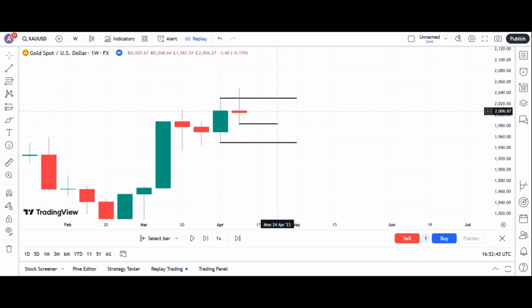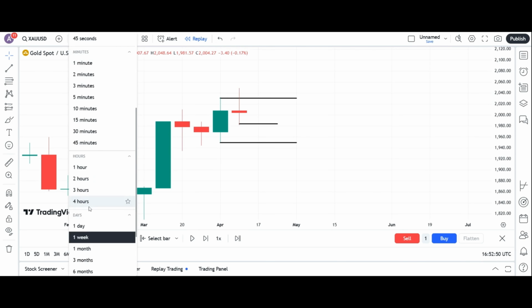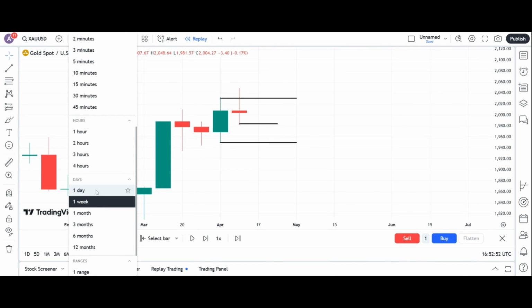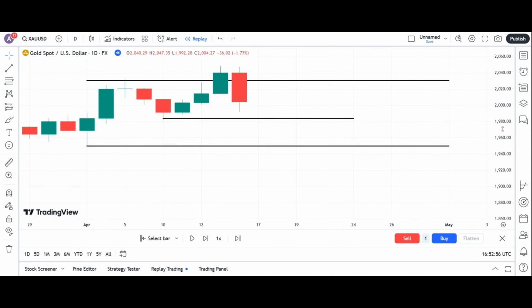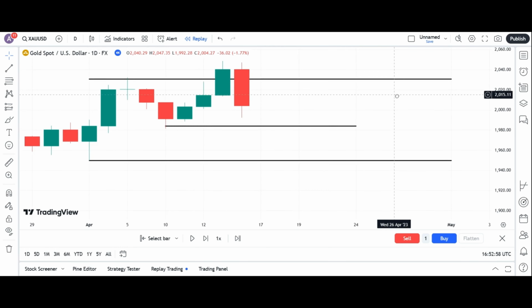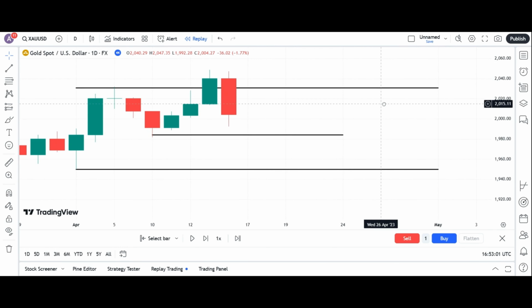So then, as I mentioned earlier, we will change the time frame from weekly to daily to observe and analyze the next candle more easily. And after seeing the daily market, we can see that the uptrend approximately touches and passes the highest point of the first candle.